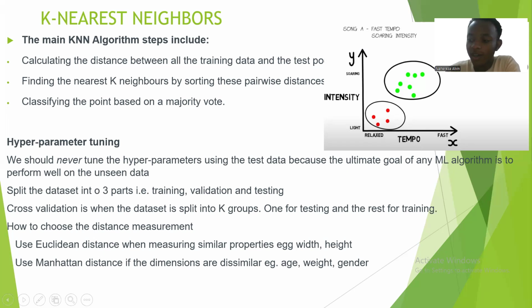So k-nearest neighbor is a simple but powerful supervised machine learning algorithm, and it can be used for both classification and regression tasks.